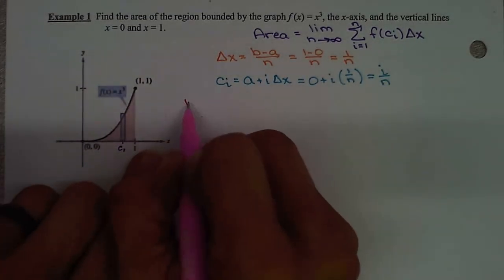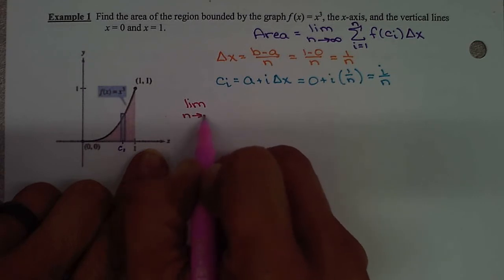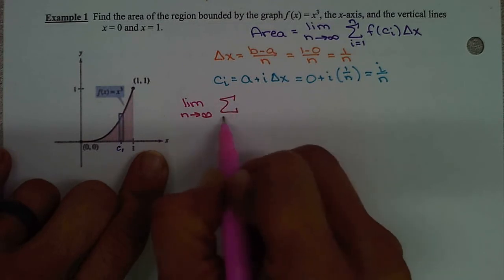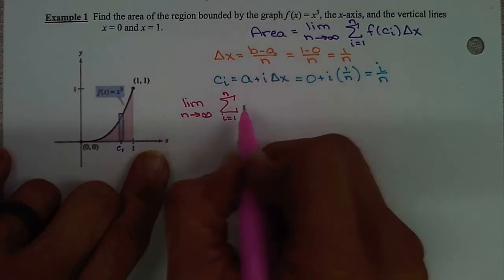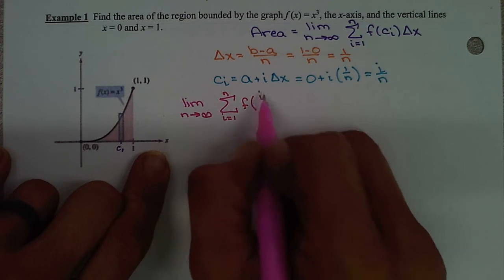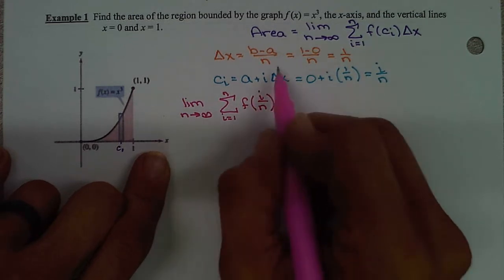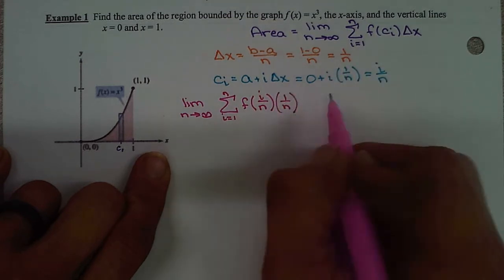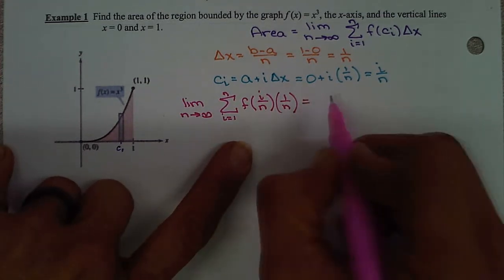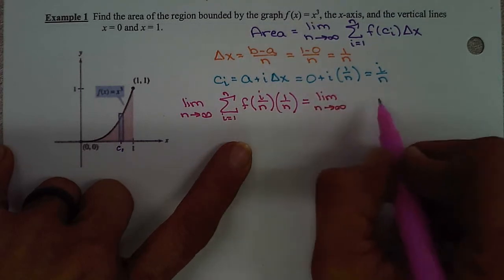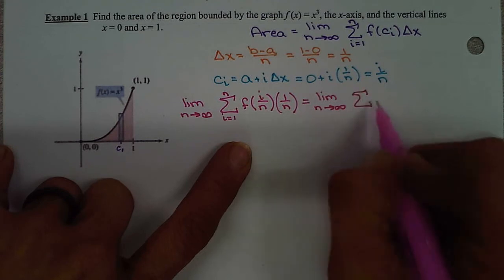So we need to find the limit as n goes to infinity of the summation from i equals 1 to n of f evaluated at my c sub i, which is i over n, times my delta x, which is 1 over n, which is going to equal the limit as n goes to infinity of the summation from i equals 1 to n.